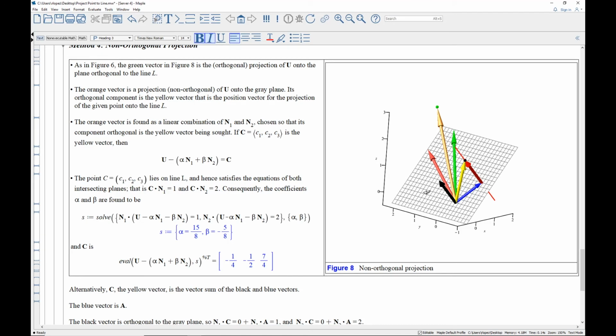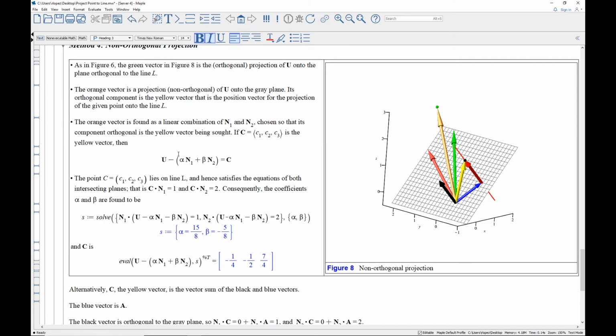I'd like to project that into the plane in such a way that I get this orange vector whose normal component is the yellow vector. This orange vector lies in the plane, which is orthogonal to the line, which is spanned by n1 and n2.